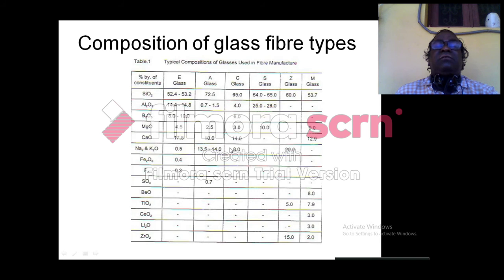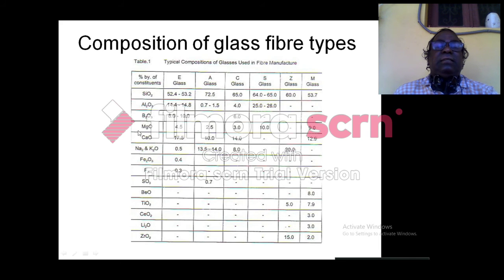And the composition of glass fiber types. Based on the grades, what chemicals are there? Suppose if we take E glass, silicon will be in this quantity, and aluminum oxide is like 14 to 14.8.